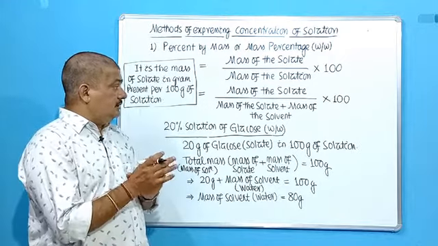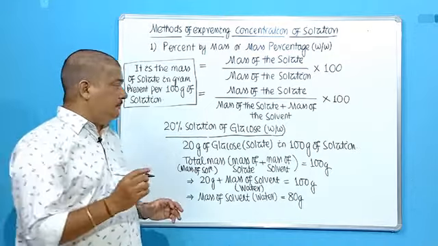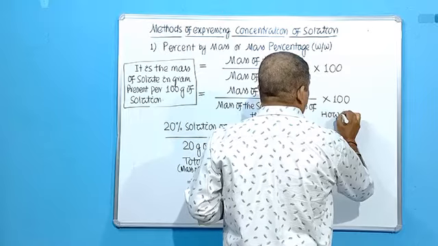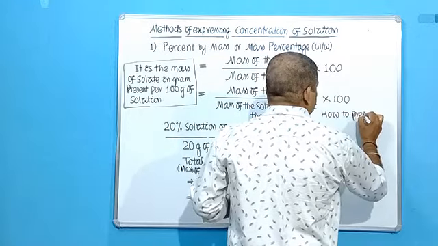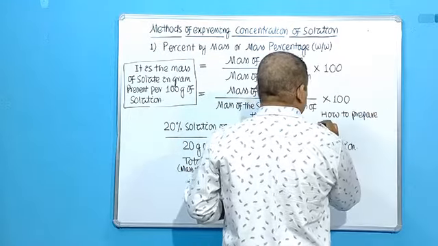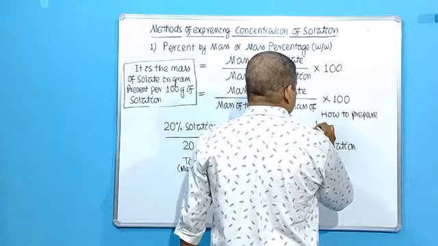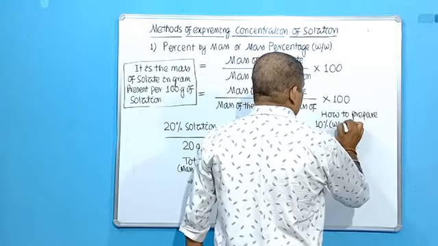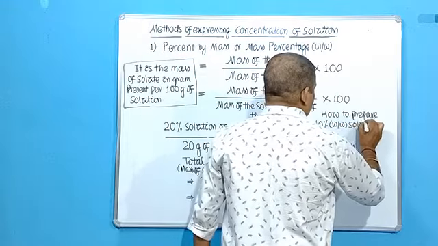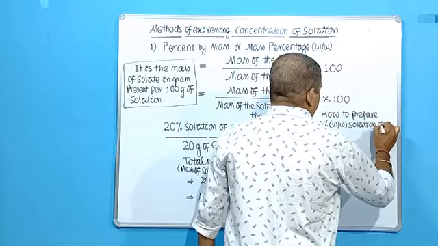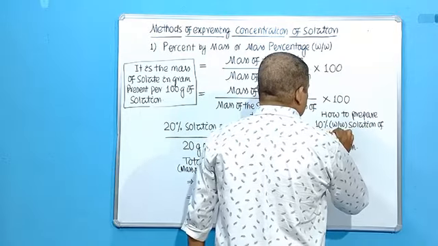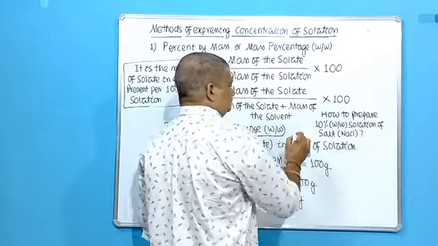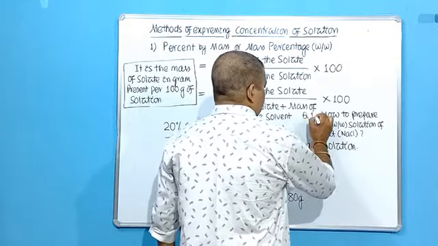Okay. So here is an assignment for you, how to prepare a W by W percent solution of salt, that is sodium chloride. Question 1 for you.